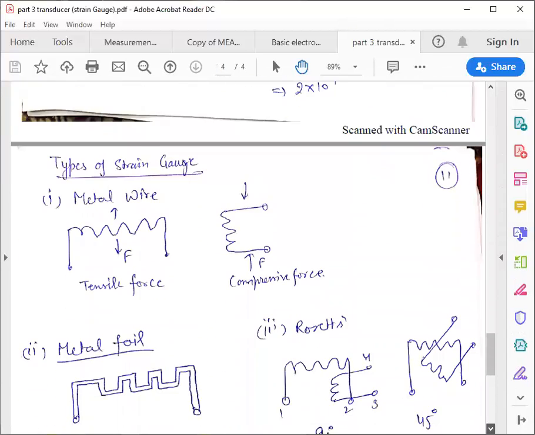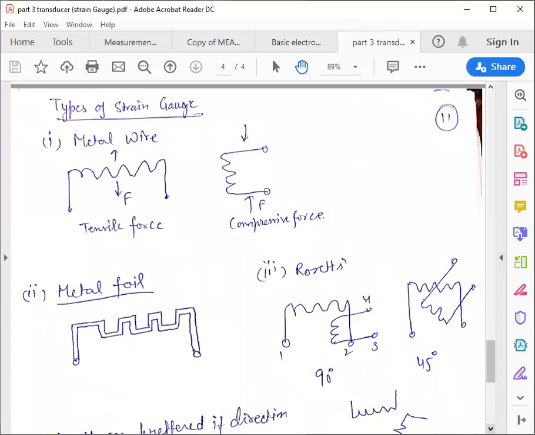Now various types of strain gauge are used here. One is metal wire, second is metal foil, third one is Rosette type. In metal wire type, we have a simple wire in which we apply force. It may be tangential force or compressive force. Here compressive force is applied, here tangential force is applied. Now metal foil: if force is more then the wire can break, then we go to metal foil.